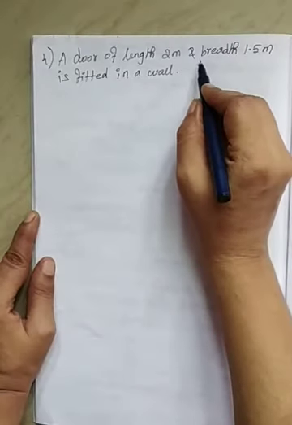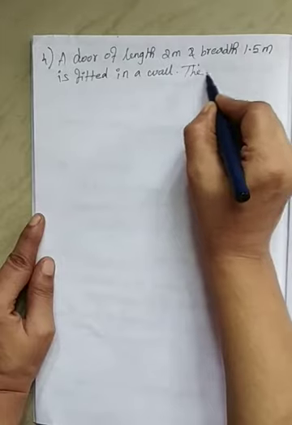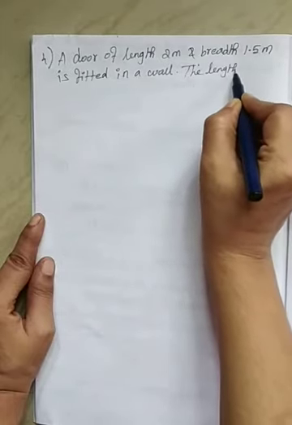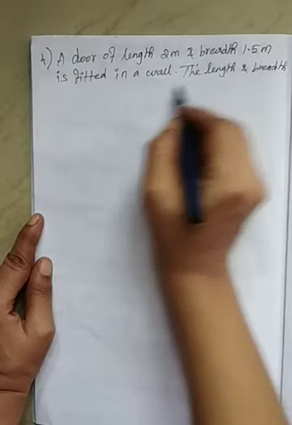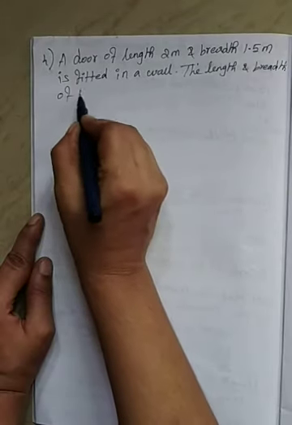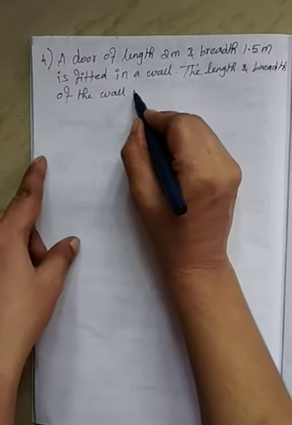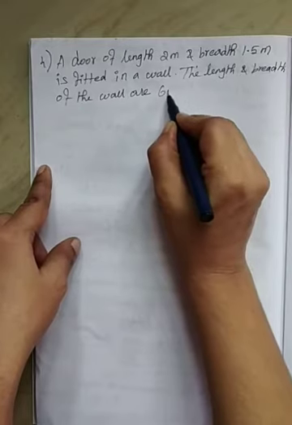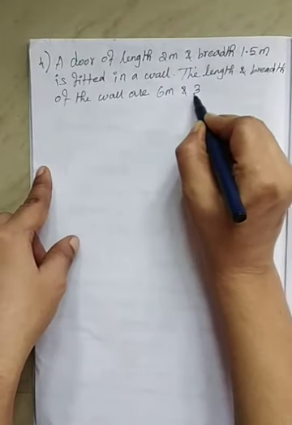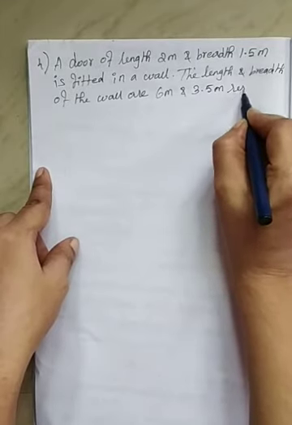Okay, the length and breadth of the wall are 6 meter and 3.5 meter respectively.